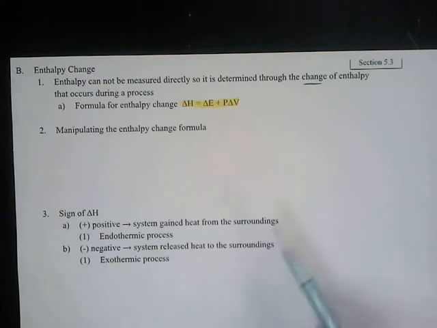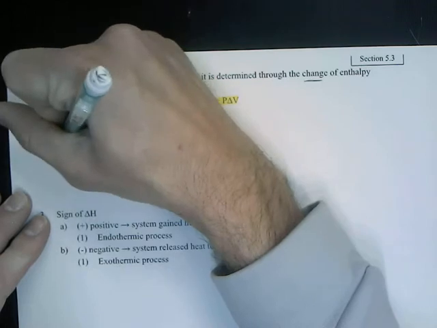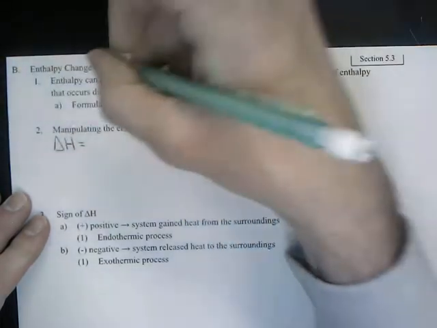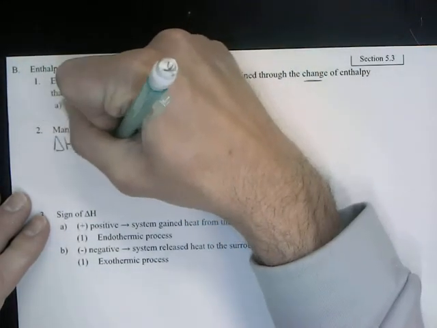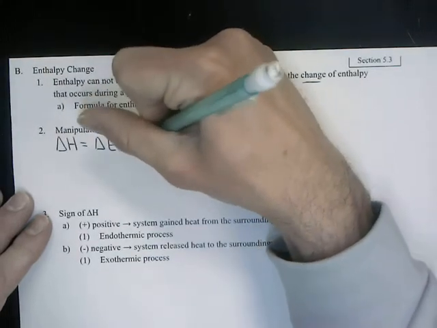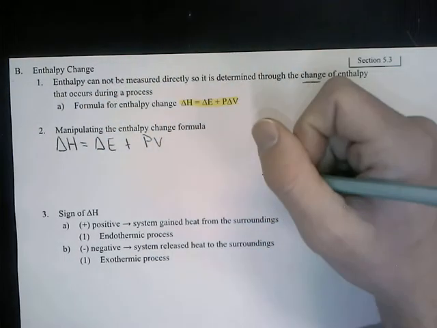Now, this pressure volume work here is another thing that's kind of difficult to understand, but we can do a few things to help us out and correlate what we have here. So I'm going to start out and I'm just going to write down the enthalpy equation. So delta H equals delta E plus pressure times volume.